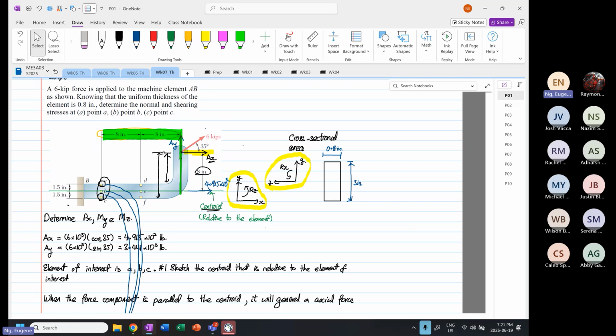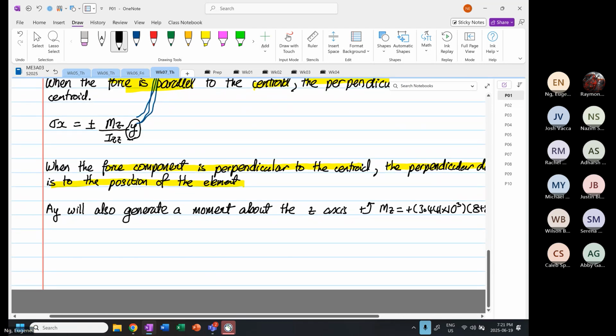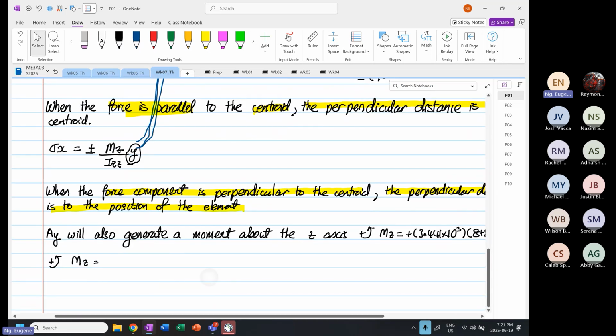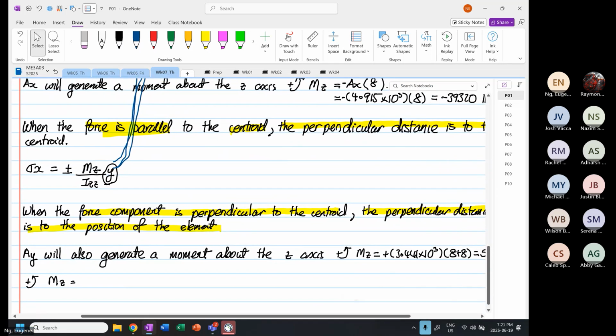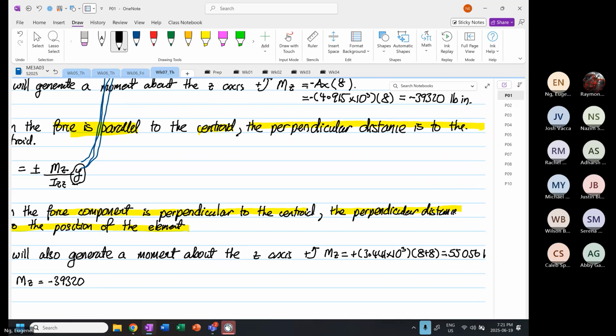Easy to remember. So once this is done, okay, the moment Mz, so whatever is anti-clockwise, you take it positive. So therefore, Mz will be equal to minus 39320, and then plus 55056.